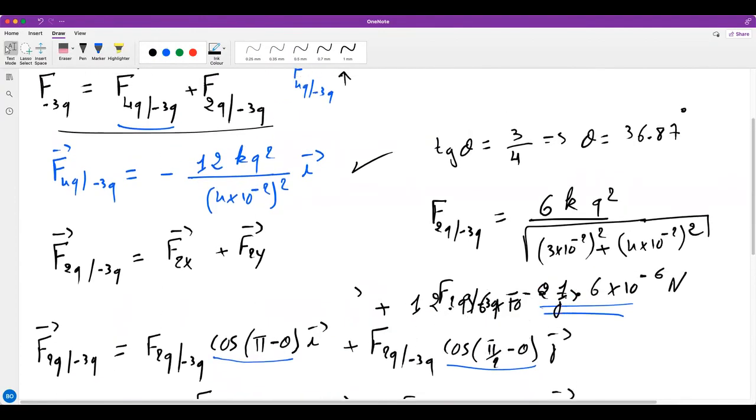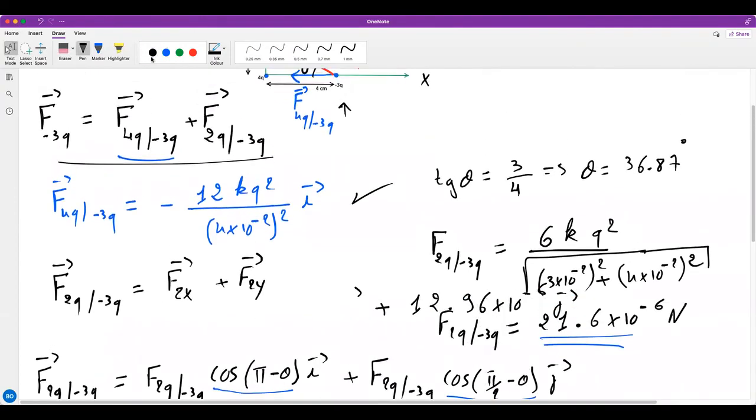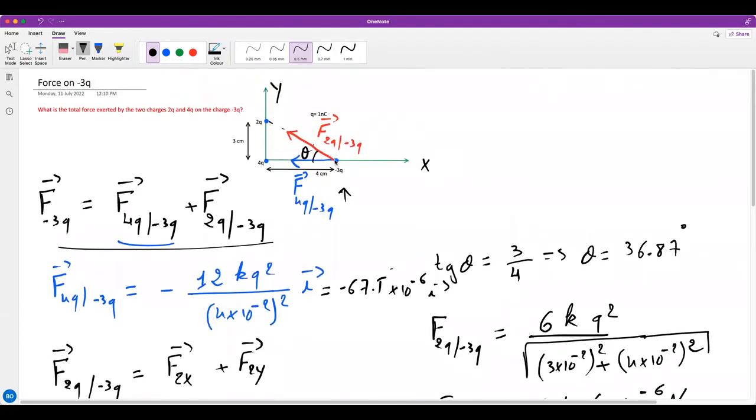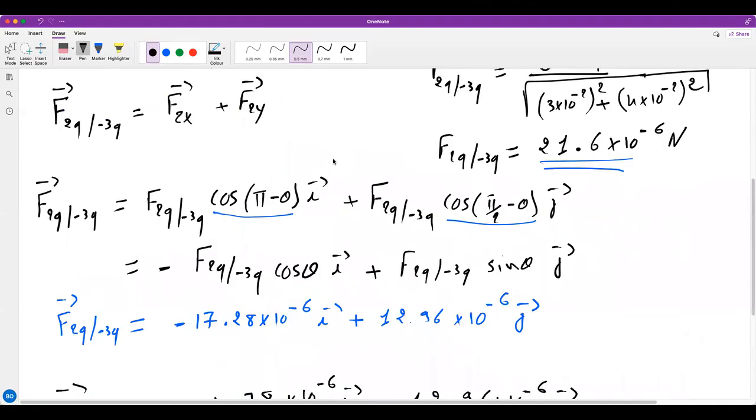In fact, here I forgot to give you the value of the force from 4q, which is minus 67.5 times 10 to the minus 6 i, which you will use later. So this is the force exerted on the charge minus 3q by the two charges, 2q and 4q.